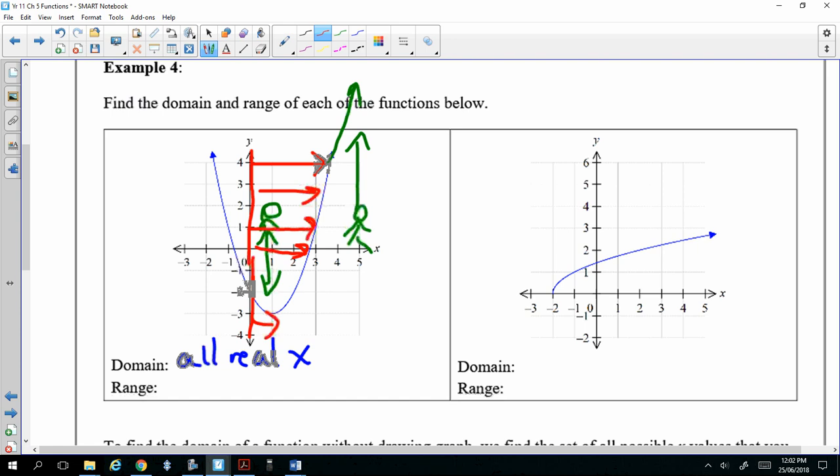Like -4. So what are the places where you can see the graph? -3 onwards. So you write y is bigger than or equal to -3. Get the idea? That's the range. So range is all the possible y values. Domain is all the possible x values. Okay, good. All right.